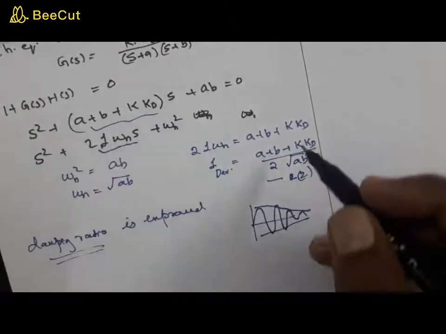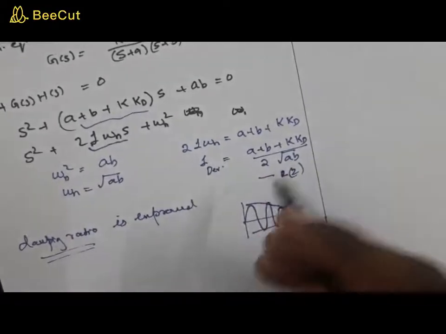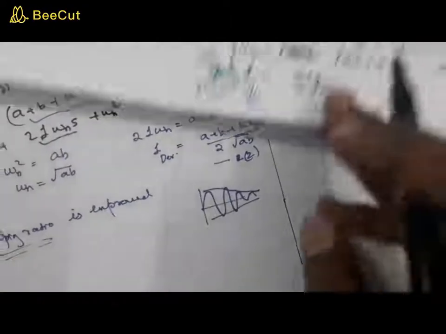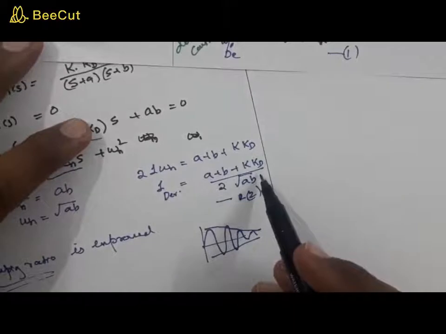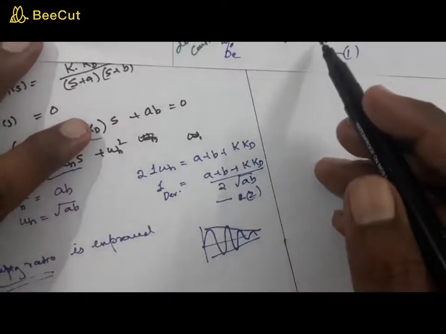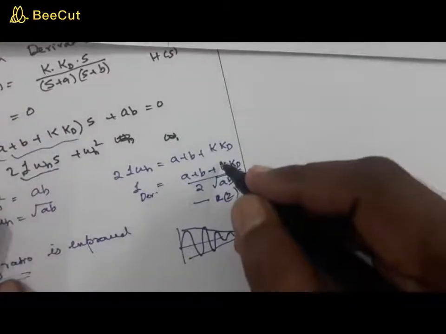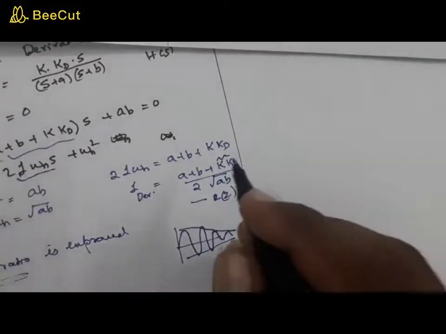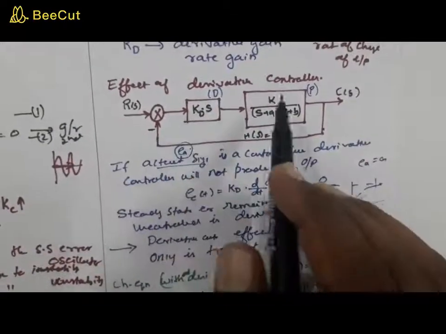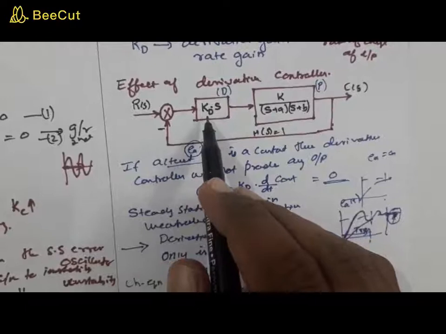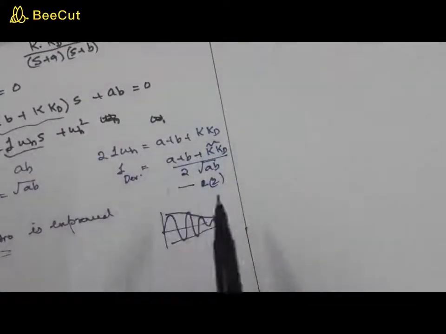By the introduction of the derivative controller, what we have seen is that theta, or the damping ratio, gets improved. When you compare these two, the denominator gets reduced while the numerator gets increased by a factor of k into kd, that is the gain of this process as well as the product of gain and the derivative control gain. So that much it has been increased.